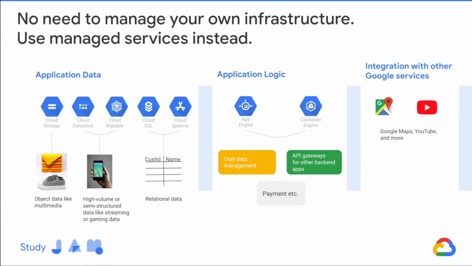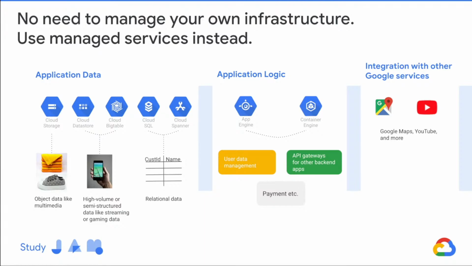To give you an overview, imagine the infrastructure needed for an online game. You can use Google Cloud services to store object data such as images and video files, high volume or semi-structured data such as streaming or gaming data, and relational data such as user ID, name, and so on.